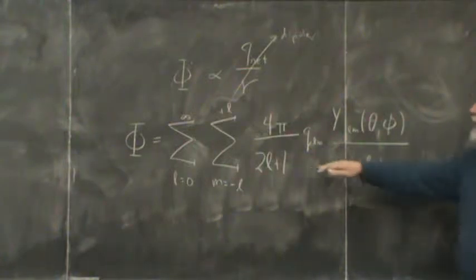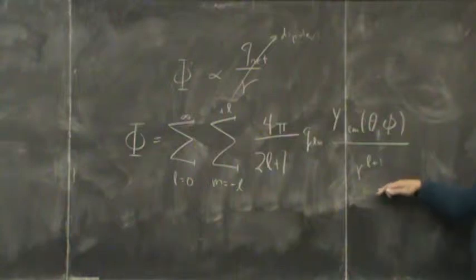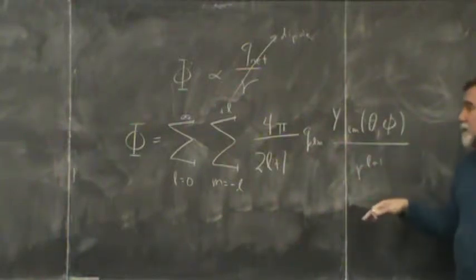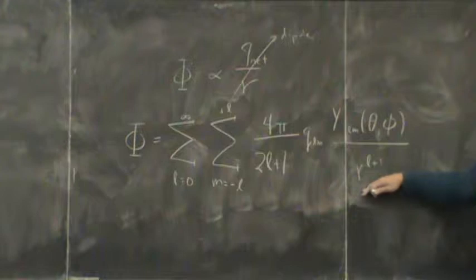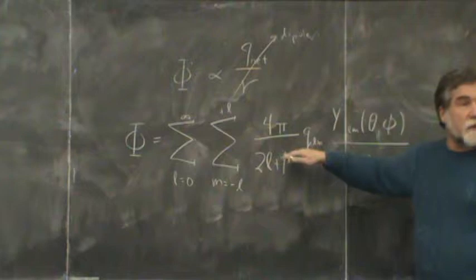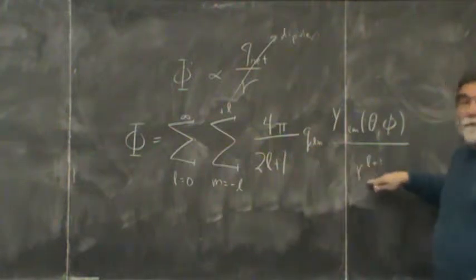But if I get far enough away, there will always be a lowest order term in r that dominates the potential. I've got this whole sum here, but whatever the lowest order term is, lowest meaning the smallest L, is the one that's all that's left when I get far enough away, because all the other terms, no matter what the coefficients are, will drop off faster than 1 over r.